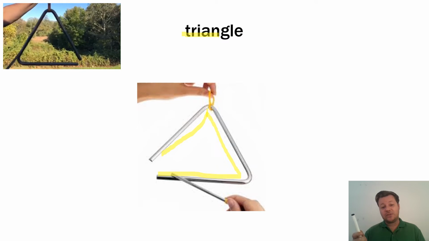Well, in this case, it looks like a metal rod. And we ding, ding, ding. What action am I using? Am I using a shake action or a strike action? Yes, I'm using a strike action.